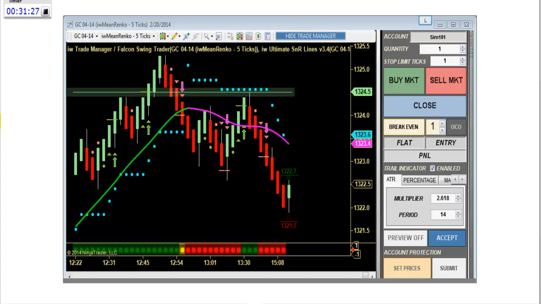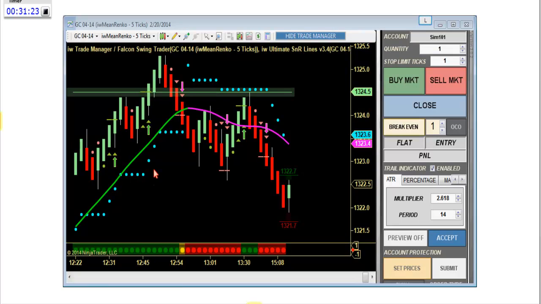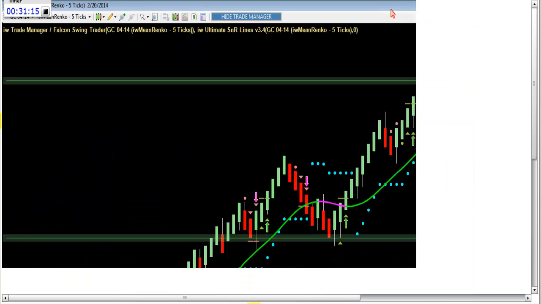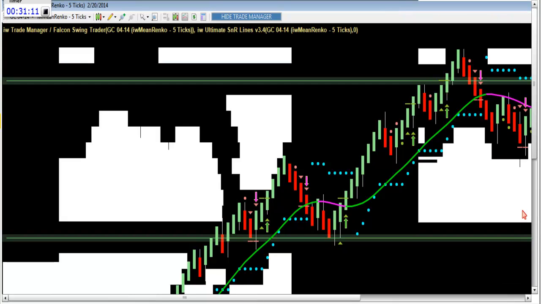Okay, this one that we're looking at, this is the gold on the diversified trading system. For those of you unfamiliar with the diversified trading system, it is a method or a system that was developed at Indicator Warehouse.